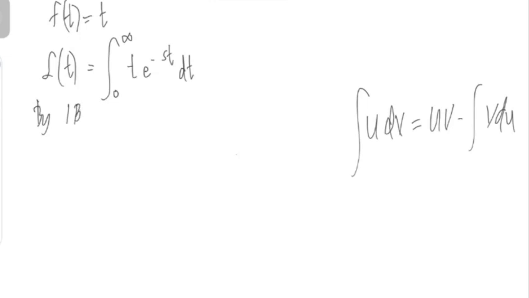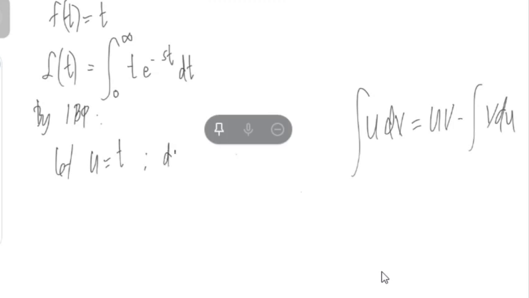Integration by parts. Let u equal to, kaya nga, equal to what? Equal to t. Hindi ko masyado marinig eh. t. Mas okay ito. Then, you have here du is equal to dt.